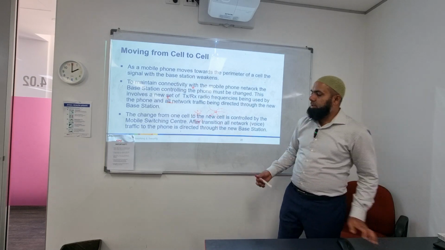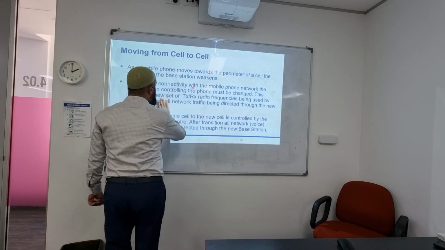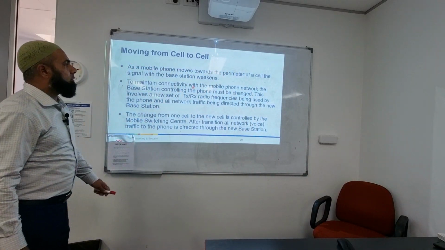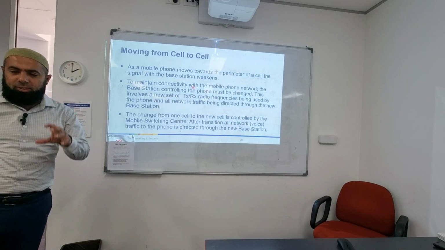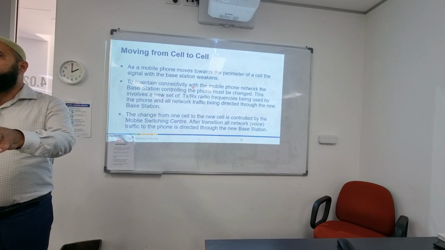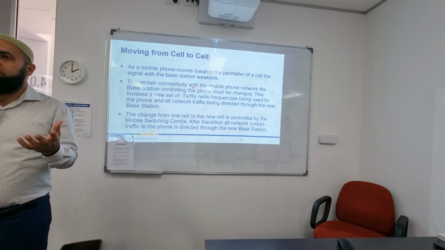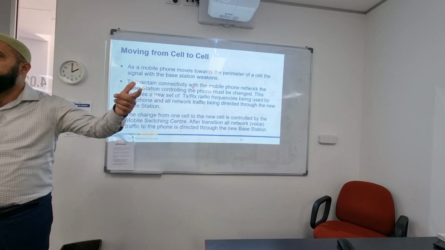So the next concept is about moving from one cell to another cell, which I mentioned already. As you move from one cell to another, definitely the signal in one cell is weakened when you are on the edge, and when you move to the next one, it's stronger. So we know which cell I am going to be in.